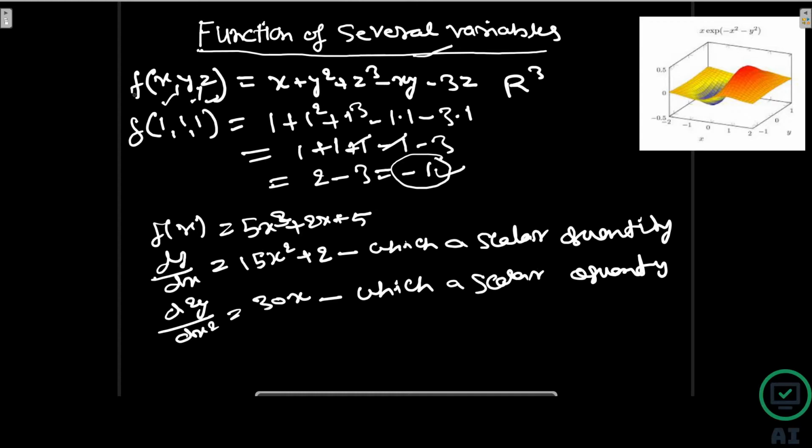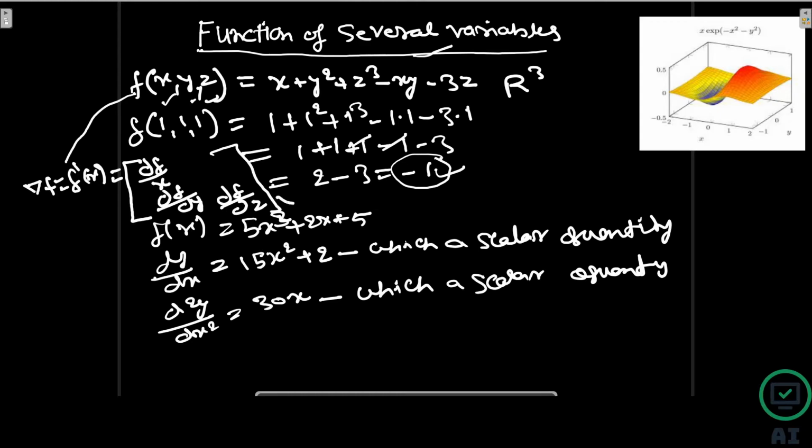But if you take the first derivative of a multivariate function, which is denoted by gradient of f or f dash x, it is nothing but the partial derivative of f with respect to x, the partial derivative of f with respect to y, and the partial derivative of f with respect to z, and this is nothing but a vector.